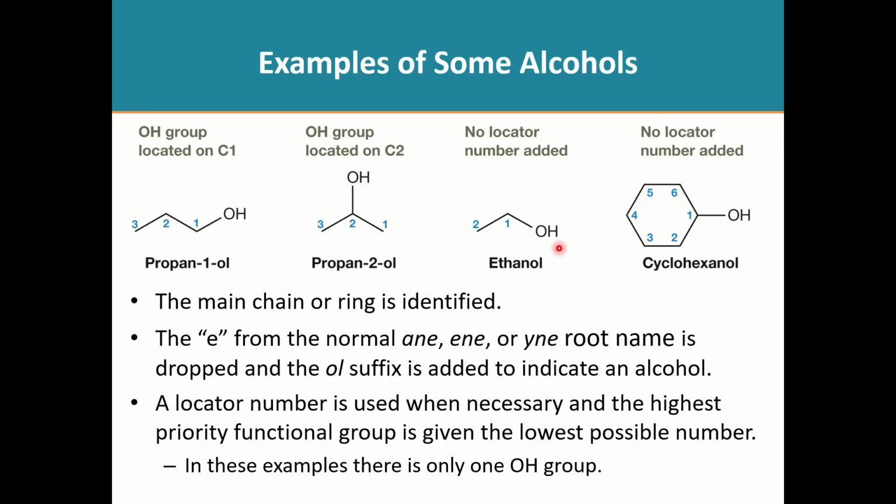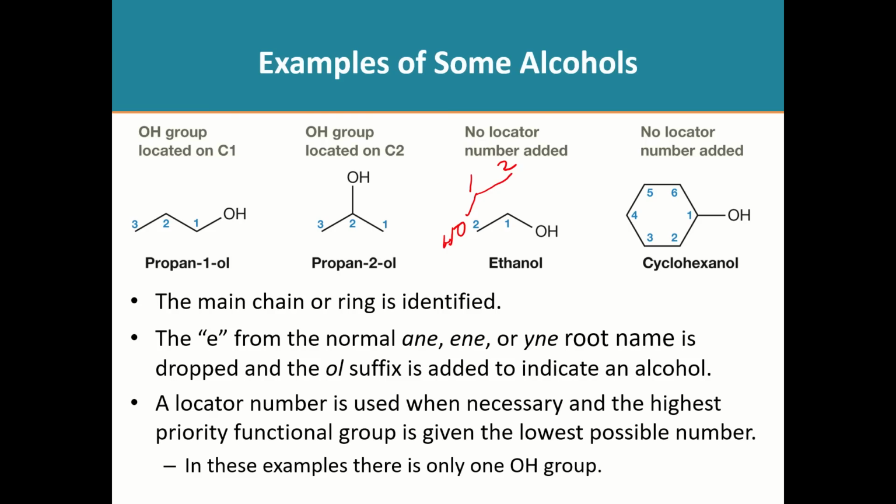Now this one's a little interesting in the fact that you don't see a number 1 between the N and the O. And the reason why is because if I renumbered, if I would have redrawn this molecule like this, do you see how the numbering always has to start where the hydroxyl group is?